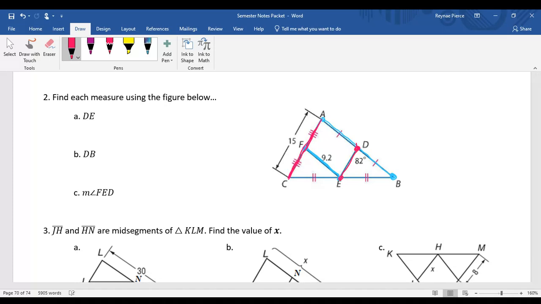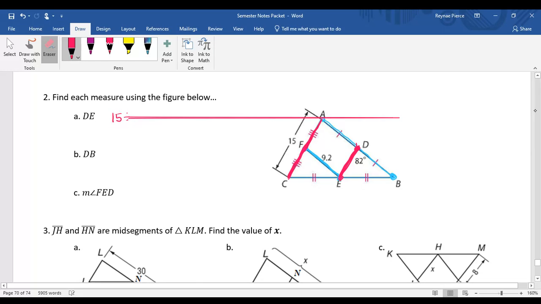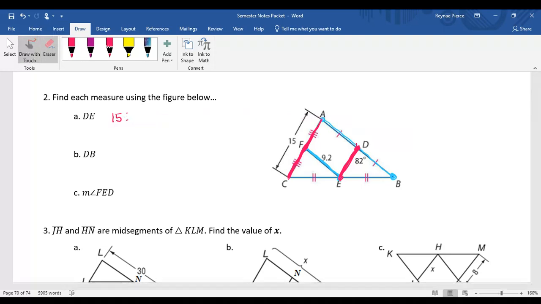Okay, so part A here, we want to know the length of DE. DE is a midsegment and it is half of the third side that it does not touch. Yikes, 15. I need to erase this random line that showed up. Okay. 15 divided by 2, because we want half of it, is 7.5.